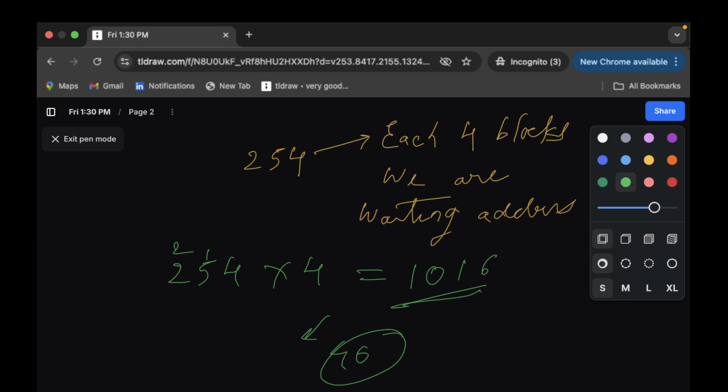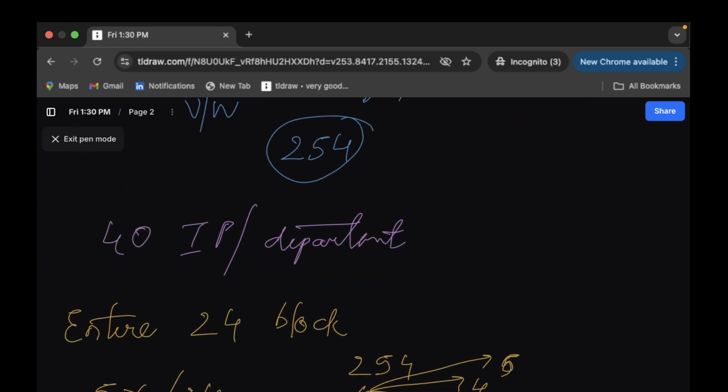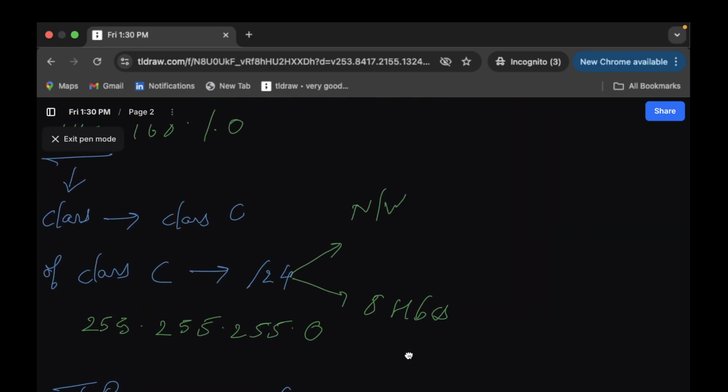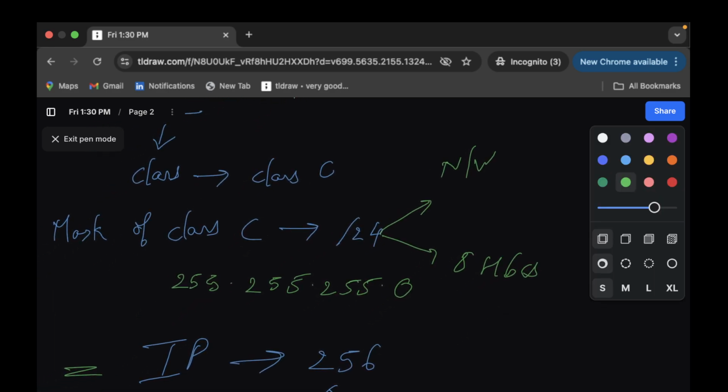The reason for the wastage is that this mask is fixed.